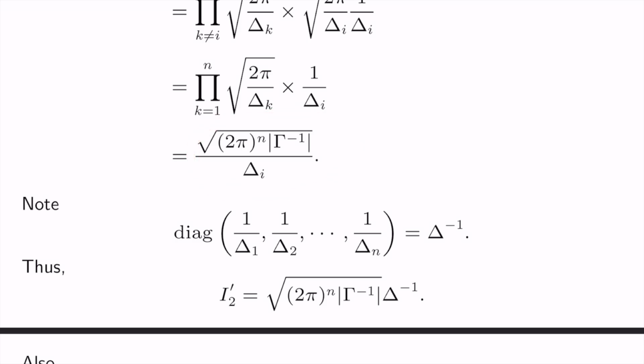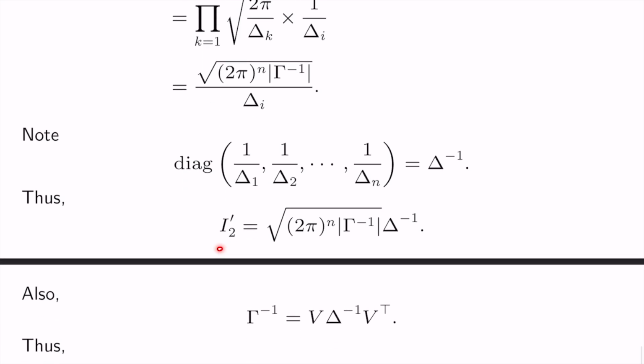And all the diagonal elements share this factor. So the only difference is this part. And the diagonal matrix consisting of 1 over delta 1, 1 over delta 2, and so on is the inverse matrix of delta. So the integral I2 prime becomes this factor times this diagonal matrix, which is the inverse of delta.